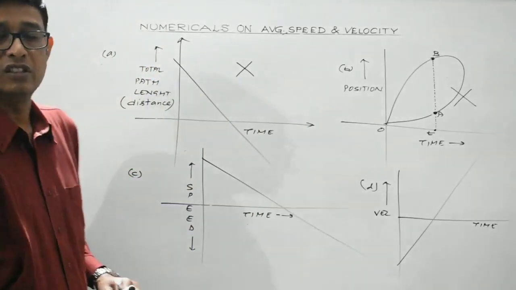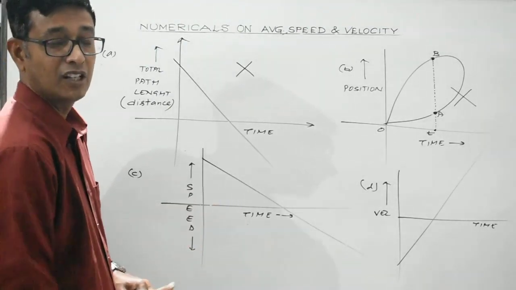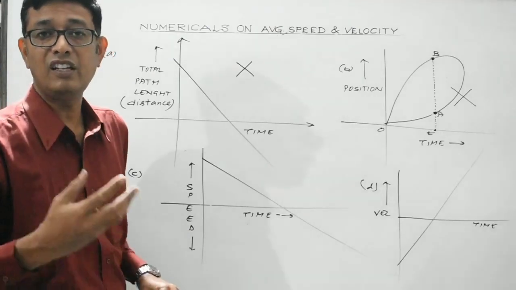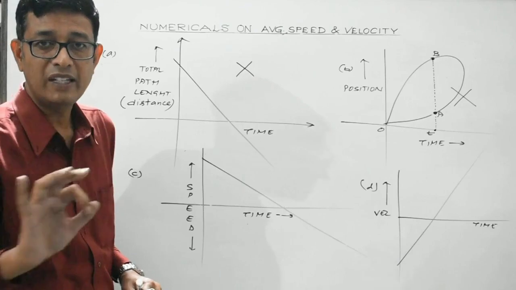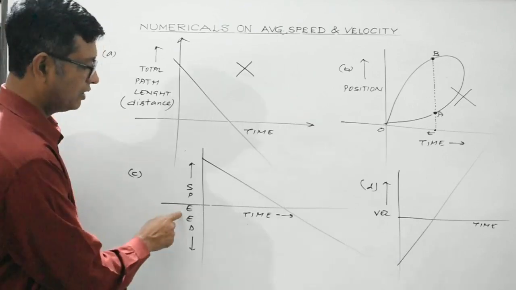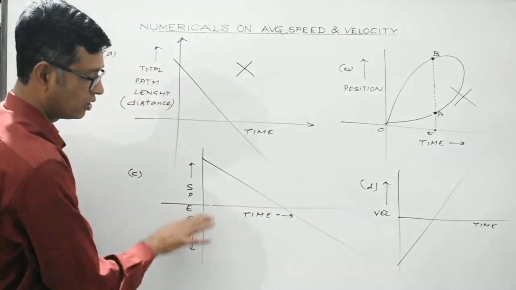Let's concentrate on the third one. It's a graph between speed and time. Again, speed, we have discussed it in detail. It's a scalar quantity. Speed can't be negative. It is a positive quantity. Over here, look, after this time, speed is becoming negative. This is the negative quadrant, right?